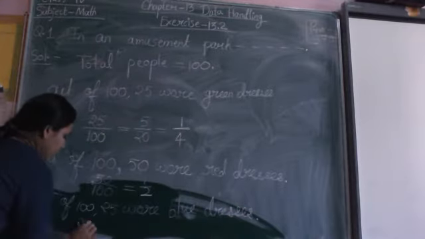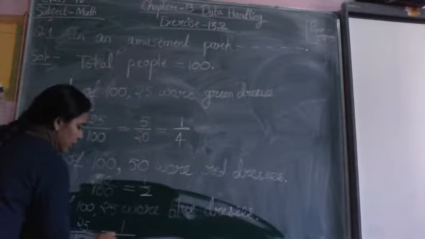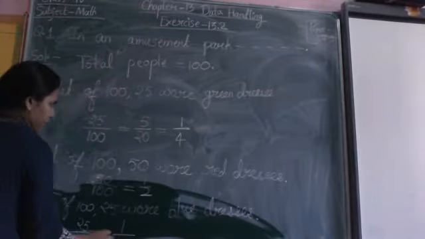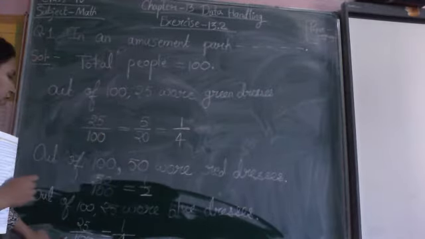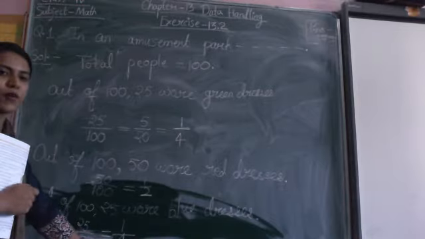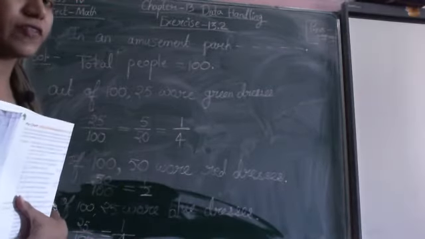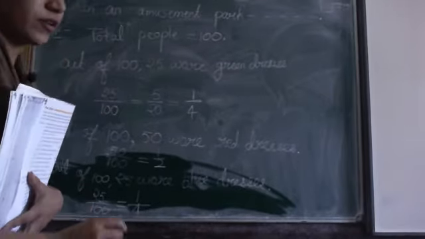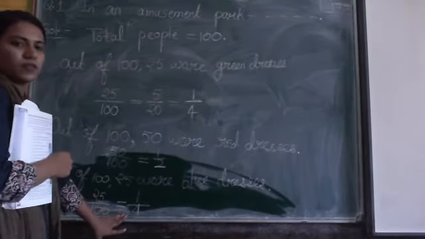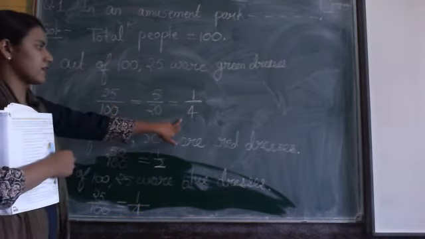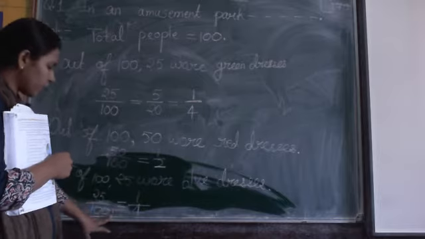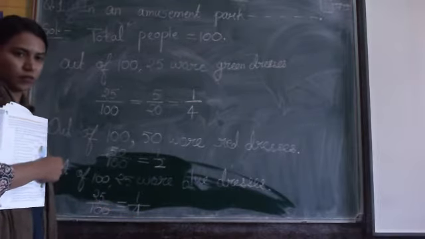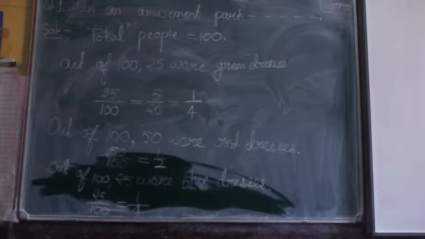It means 25 upon 100. 25 ones are 25 and 25 fours are 100, so 25 upon 100 equals 1 upon 4. So 25 upon 100 is equal to 1 by 4, 50 upon 100 is equal to 1 by 2, and 25 upon 100 is equal to 1 by 4. Note down this data.